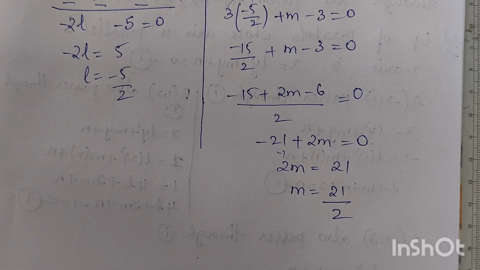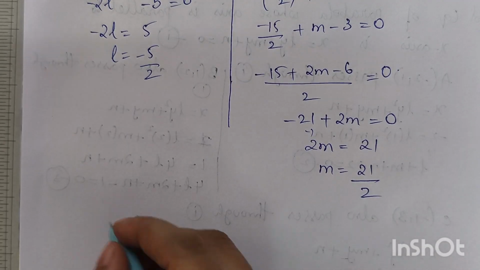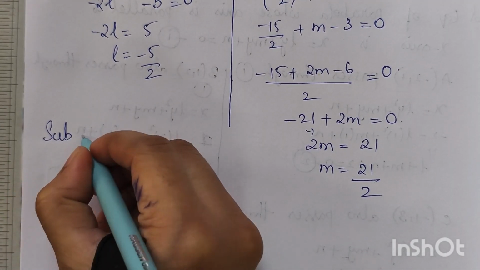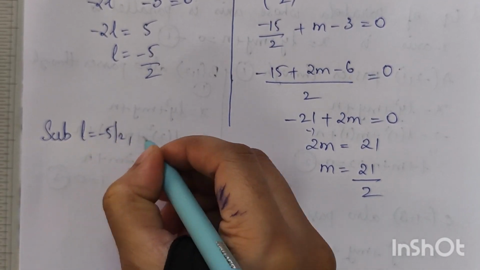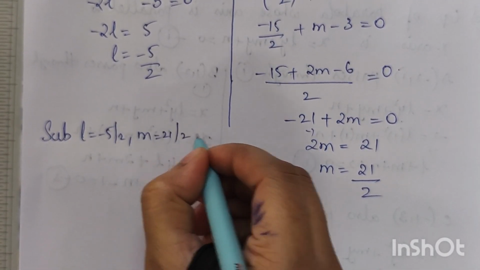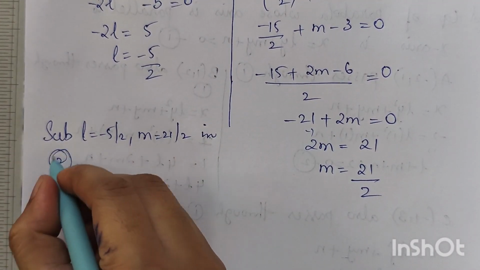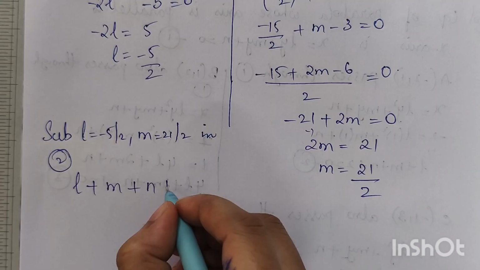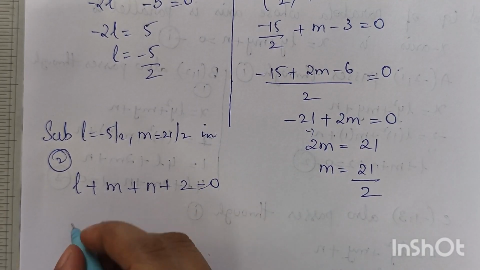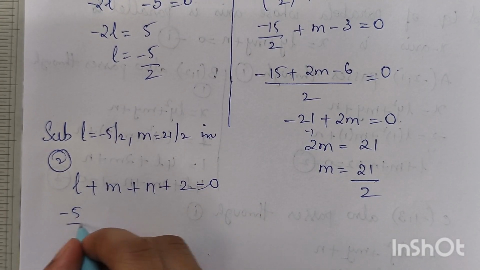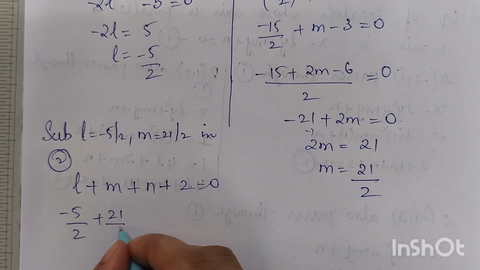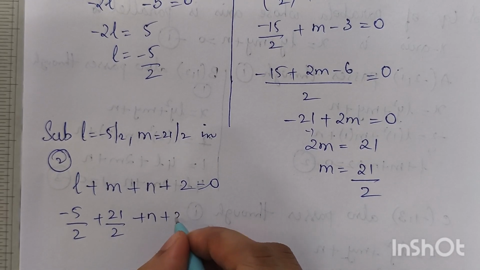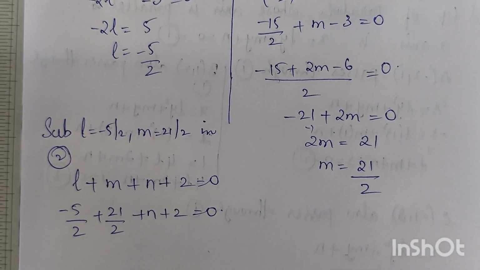Now we'll find the value of n. Substitute l = -5 by 2, m = 21 by 2 in equation 2. Equation 2 is l + m + n + 2 = 0. So it is l value -5 by 2, m value 21 by 2, + n + 2 = 0.